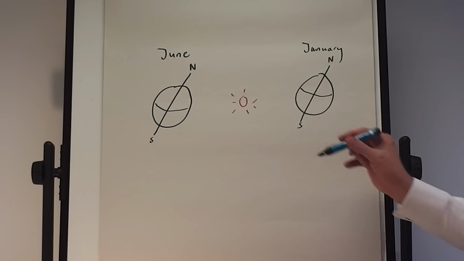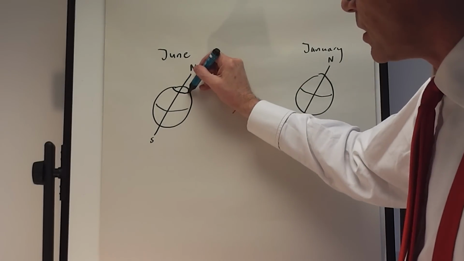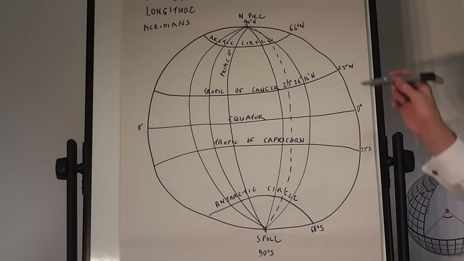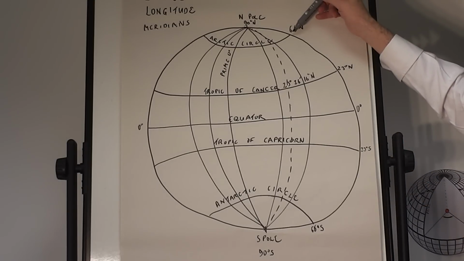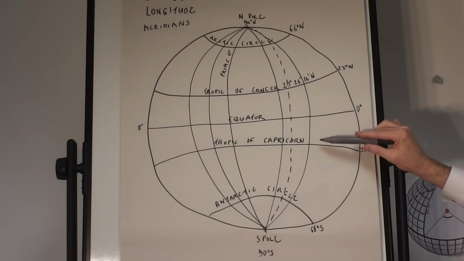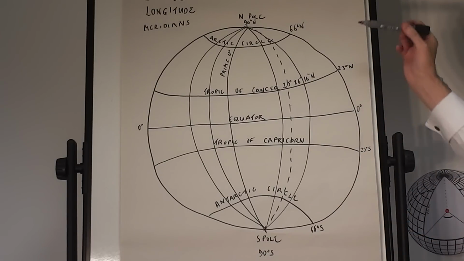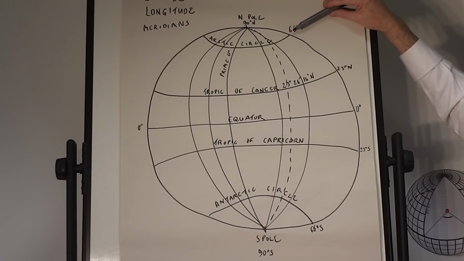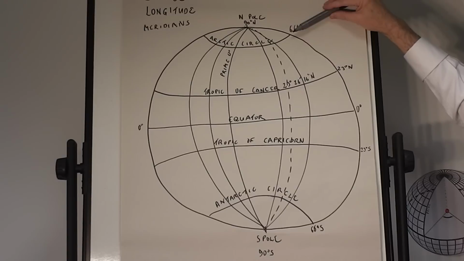And we've already talked about the Arctic Circle and the Antarctic Circle. What are these special lines of latitude? The Arctic Circle, the Tropic of Cancer, the Tropic of Capricorn, and the Antarctic Circle. Well, the Arctic Circle is the line which marks the point where, on at least one day of the year, there is no daylight in the winter.